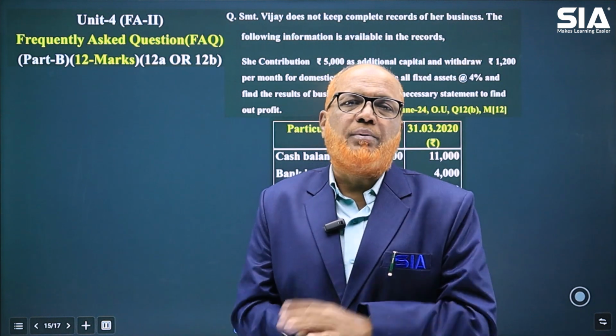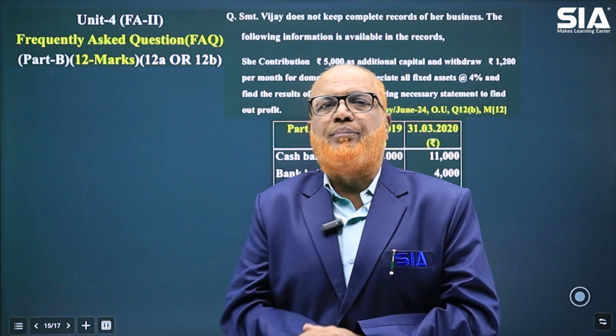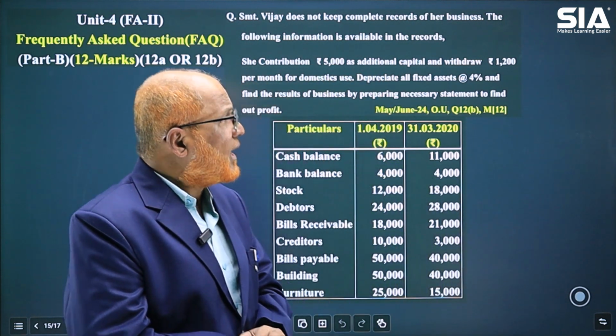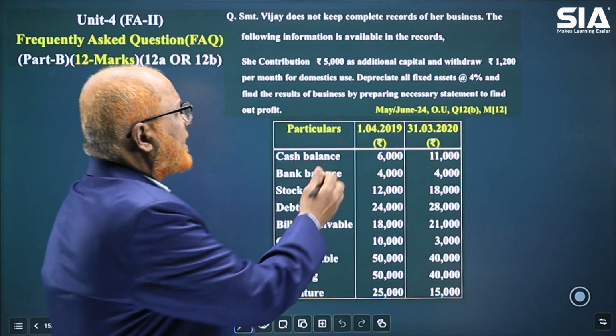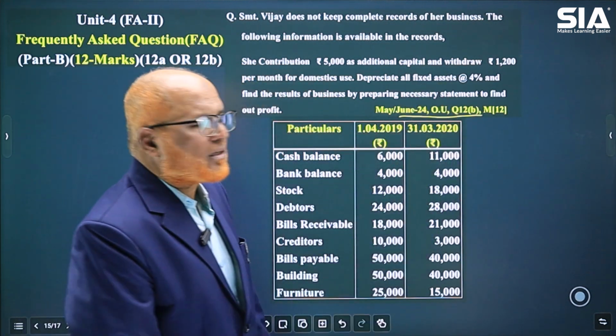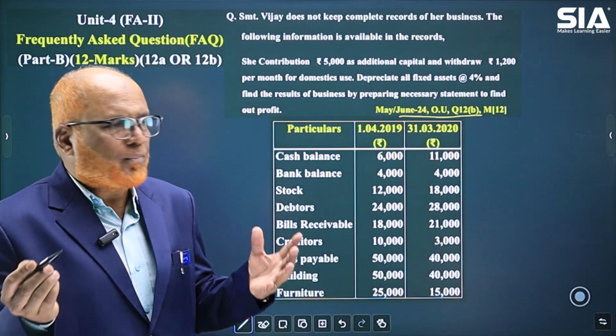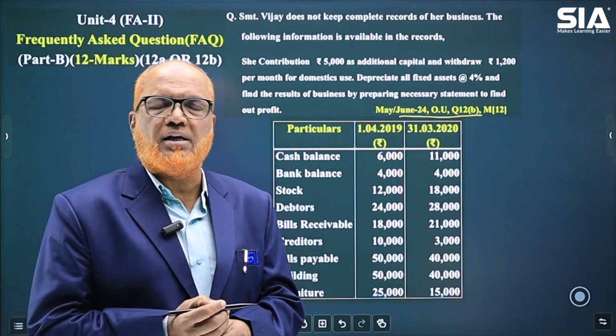And as usual, you have to prepare the trading and profit and loss account and balance sheet. But presently I'm going to discuss the problem which was asked in May-June 2024 for 12 marks. So, a recent examination. These types of problems are frequently asked in examination.